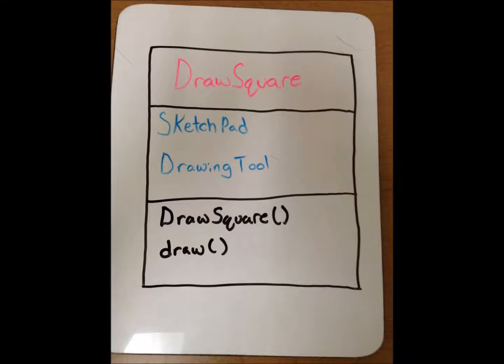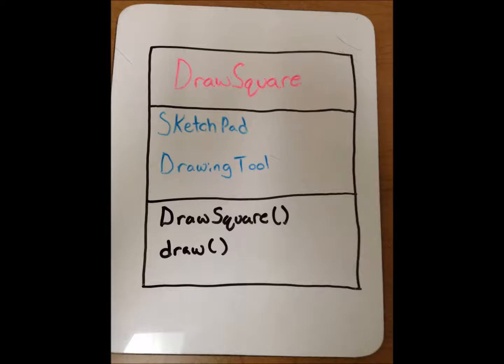This is a diagram for the DrawSquare class. The methods of the class are listed in the bottom compartment of the class diagram. One of the methods in the DrawSquare class has the same name as the class. It may seem strange for a method to have the same name as its class, but this is how you give instructions on how to create objects of this class. The DrawSquare class also makes use of another class, DrawingTool, the class of the pencil object.